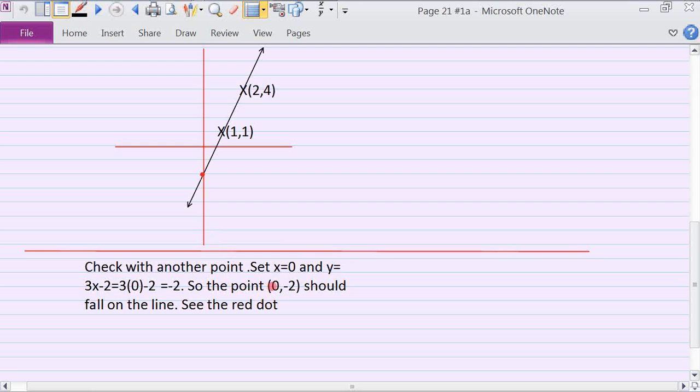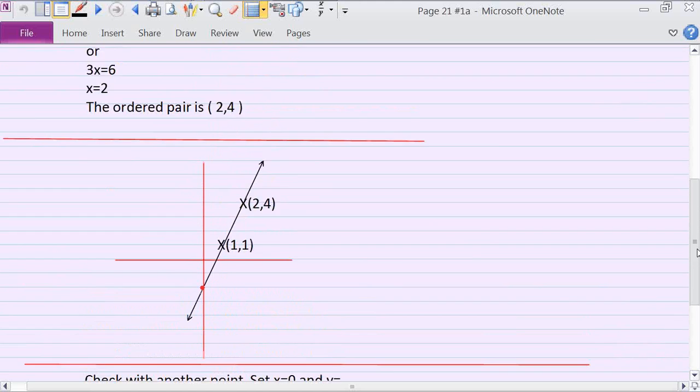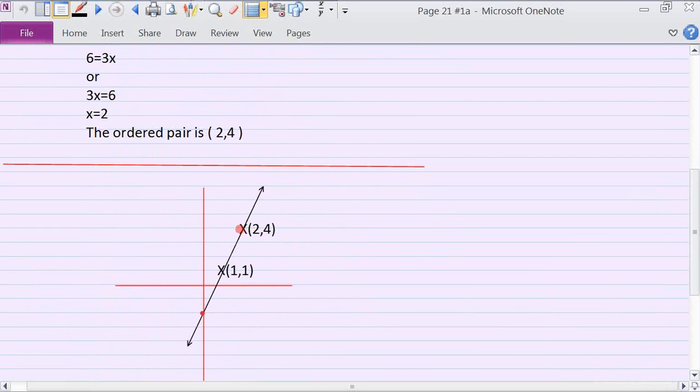By the way, this point (0, -2) is also the y-intercept, because it crosses the y-axis. This is the y-axis, and so this point, where x is 0, is the y-intercept, and you can see that, very roughly, the point (0, -2) shown with a red dot does fall on the line, and that supports the fact that we've probably drawn the graph correctly.